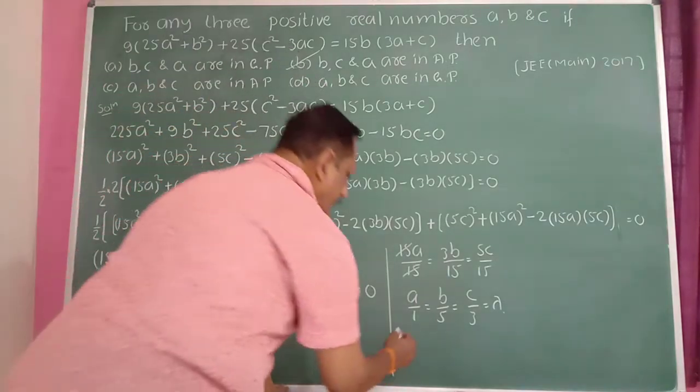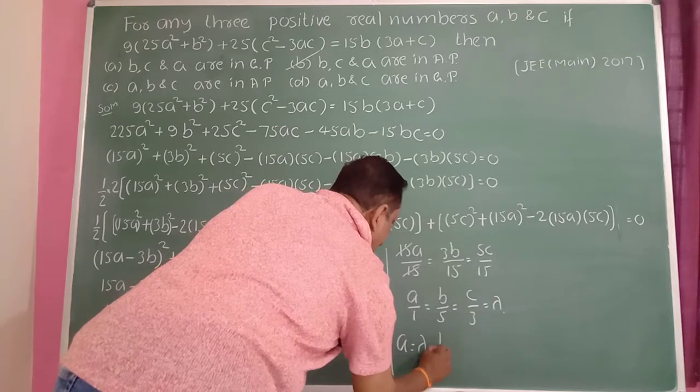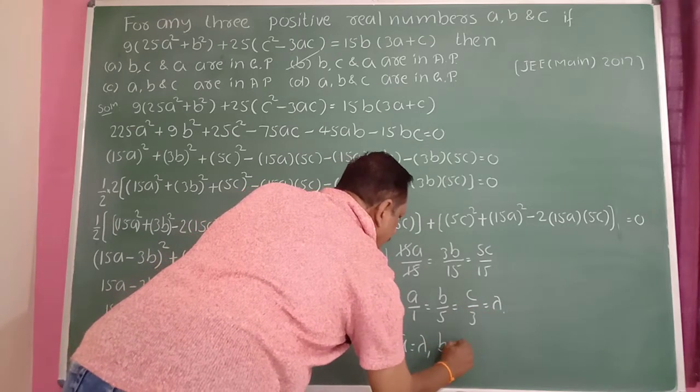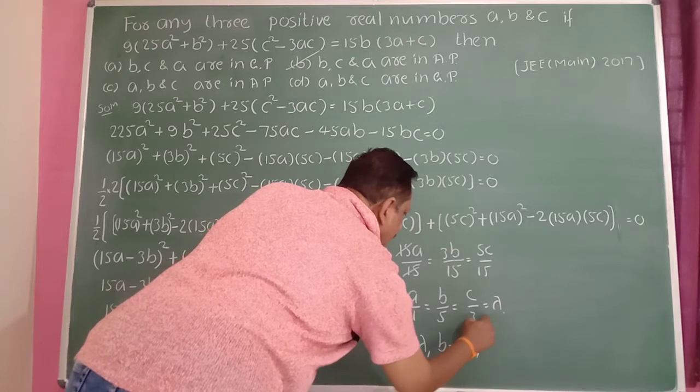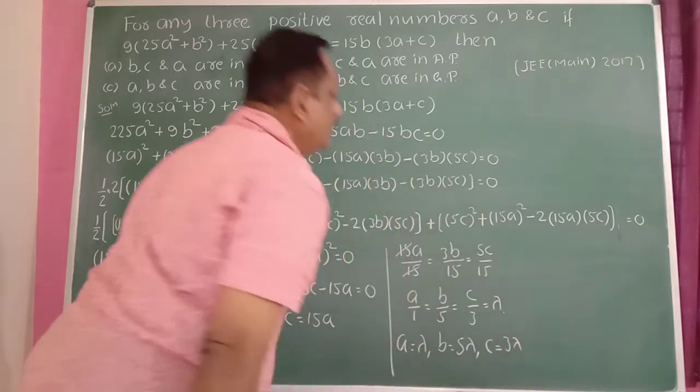Therefore, a = lambda, b = 5 lambda, c = 3 lambda.